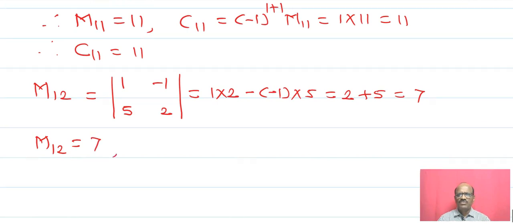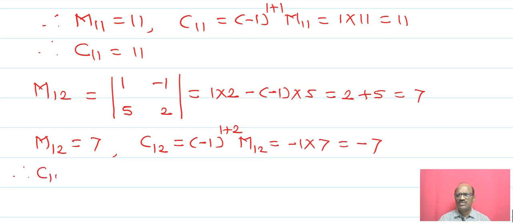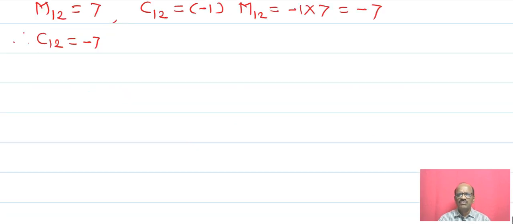Therefore M12 that is a minor is 7. Now its cofactor, that is a C12 is equals to minus 1 raised to 1 plus 2, M12, that is a minus 1 into 7, which is minus 7. C12 is equals to minus 7.